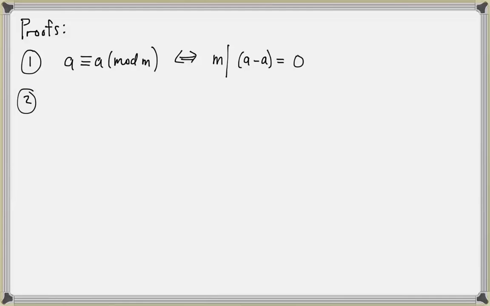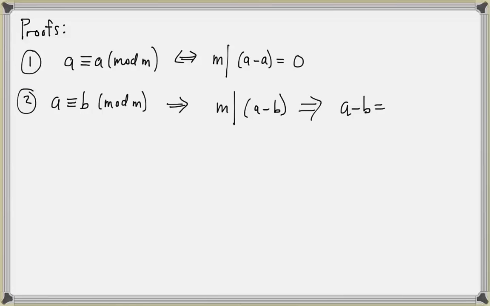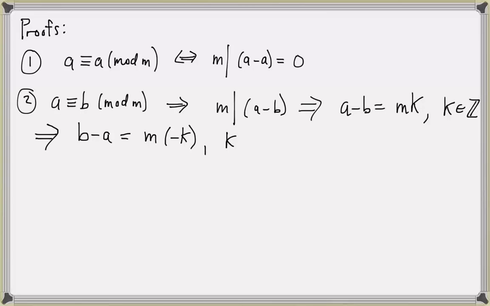For two, suppose that A is congruent to B mod M. So if A is congruent to B mod M, then by definition, M divides A minus B, then I can write A minus B as an integer multiple of M. So A minus B equals MK for some integer K. But then just multiplying both sides by -1, I see that B minus A is equal to M times negative K, where K is an integer.